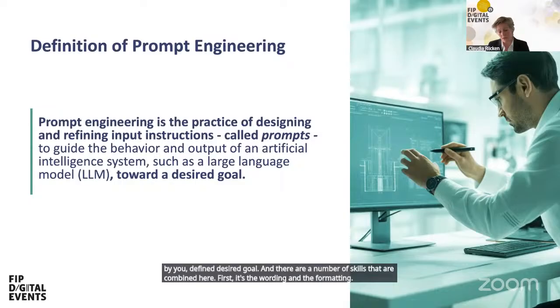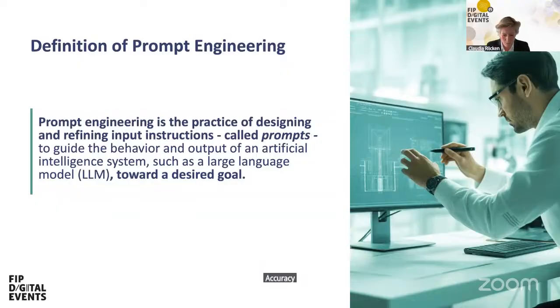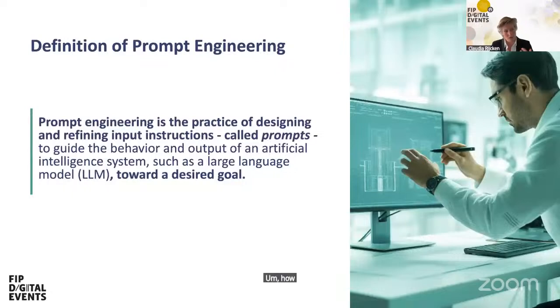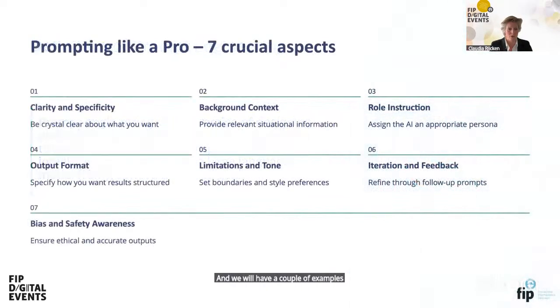How you ask your question matters a lot, which you will see in the next slide. Accuracy and relevance is important. And you need to also think about, and you need to be creative for that, how your output needs to be. So you need to sort of visualize how the output that you are going to use you would like to look like. And we will have a couple of examples later on that as well.